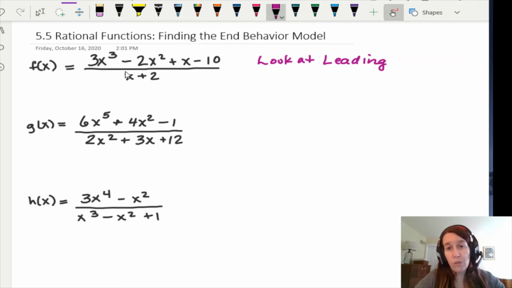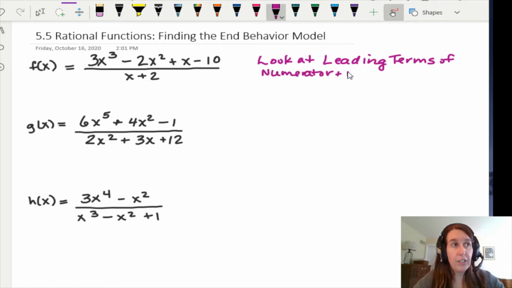Usually it's listed first, but you may have to rearrange things. So look at the leading terms of the numerator and the denominator. In this case, we have 3x to the third, and we have an x.